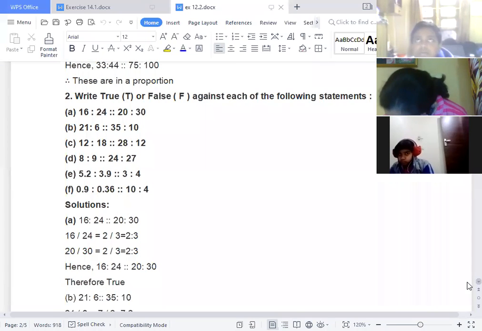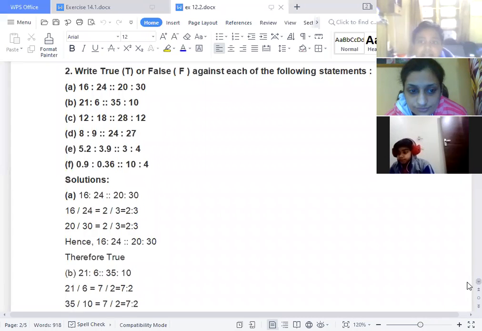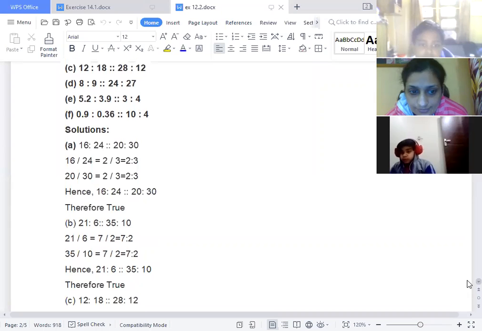No, ma'am. So this is the lowest form. And ma'am, 35 by 10 will go with the table of 5. So 5 sevens are 35 and 5 twos are 10. So both are absolutely right, 7 ratio 2. So they are in proportion. So the statement is true. Good.